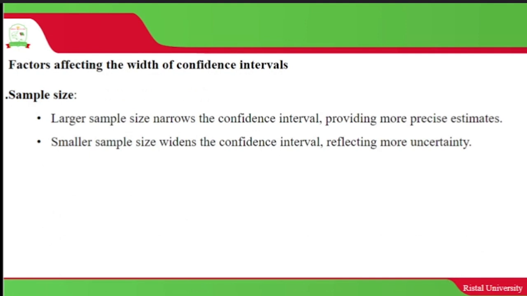So we have the sample size, and just to note that large sample sizes always narrow the confidence interval and they provide more precise estimates. Having smaller sample sizes may widen the confidence interval, reflecting more uncertainty.